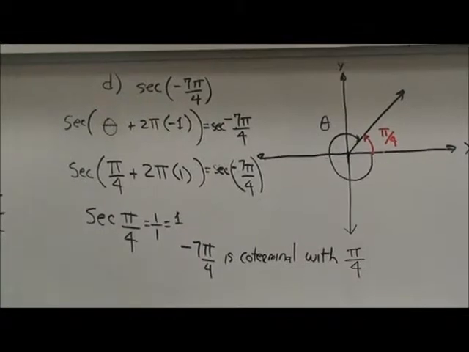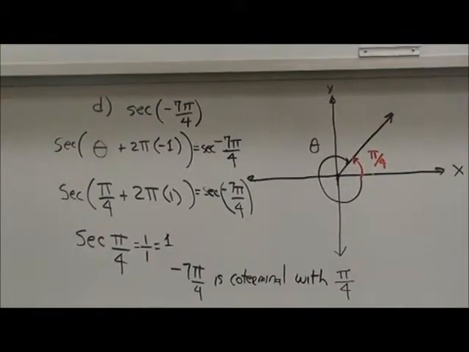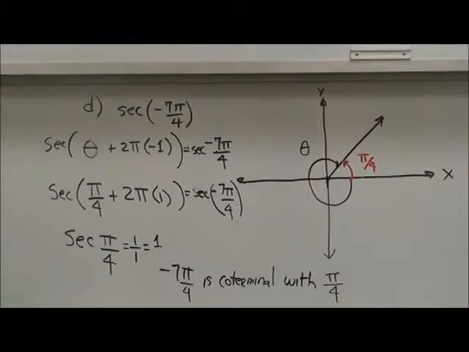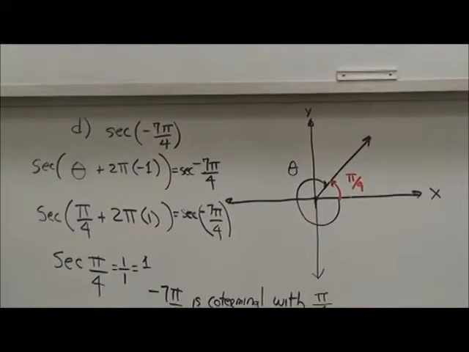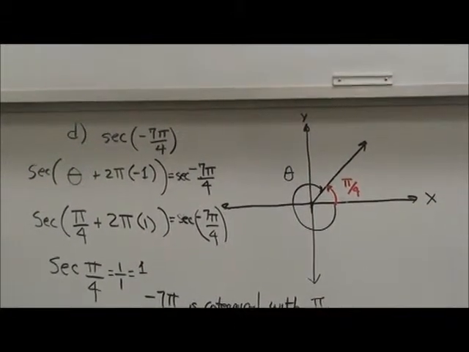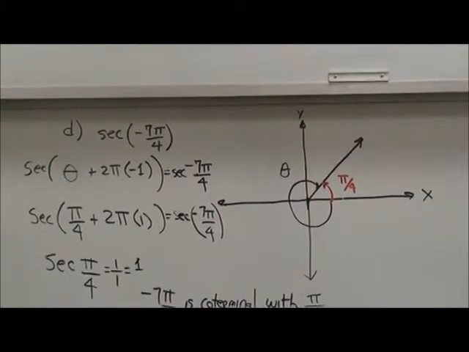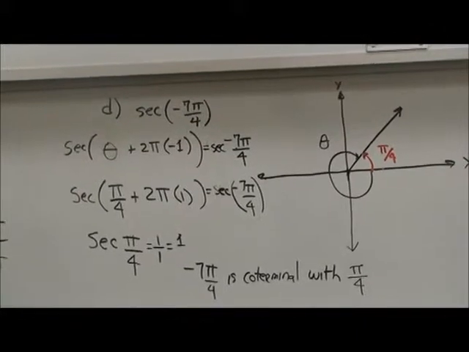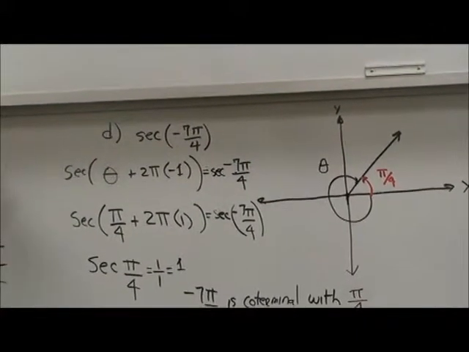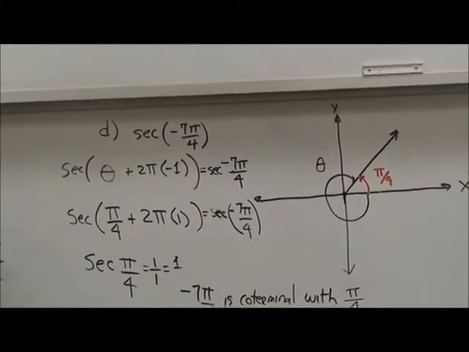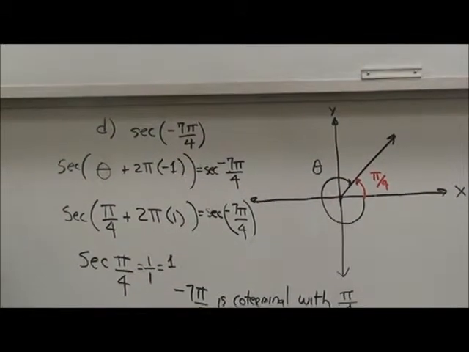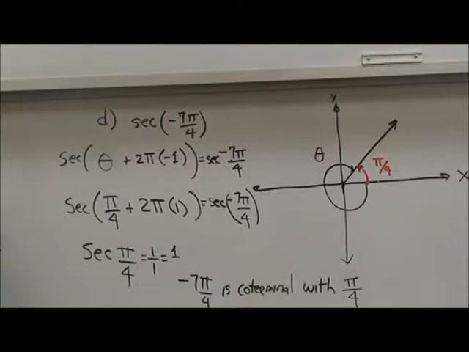So you can take -7 pi over 4 right here, plus 2 pi, and find the common denominator. I love to do simple math like this by hand. A lot of people use calculators, but it's always good to know how to do things by hand. Common denominator being 4, and 4 going into 4 is 1 times. 1 times -7 pi will be -7 pi over 4. Then 4 times 2 pi will be 8 pi.